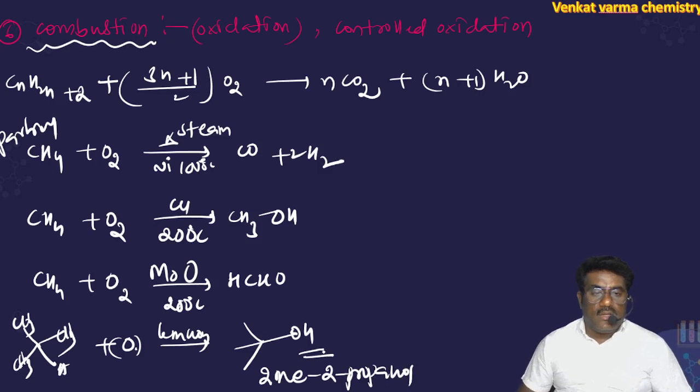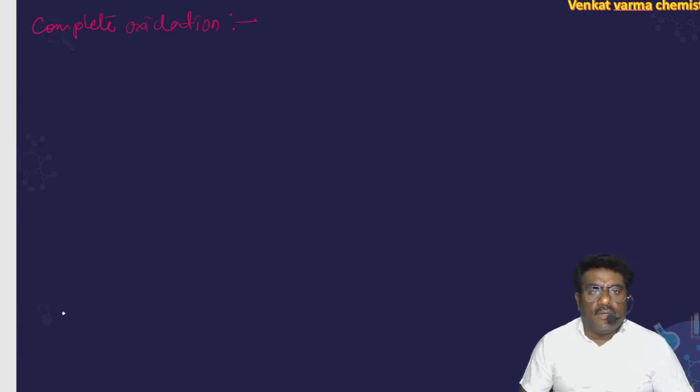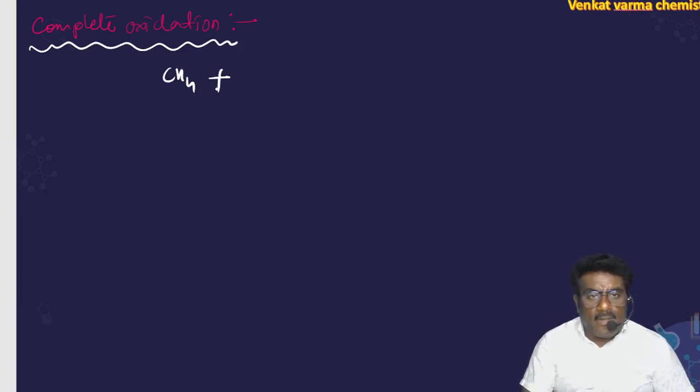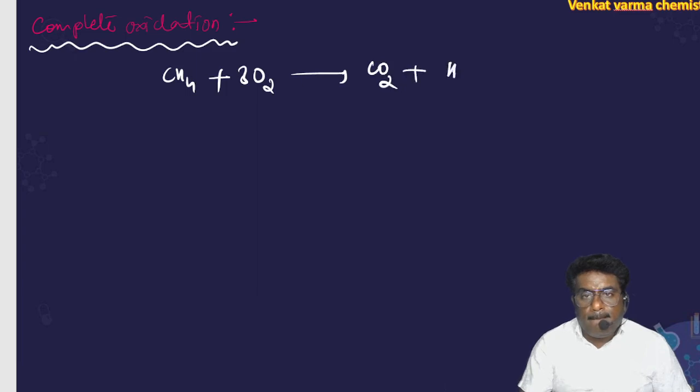It gives alcohol in partial oxidation, controlled oxidation. Next, complete oxidation. In complete oxidation, methane in presence of oxygen releases carbon dioxide and water.